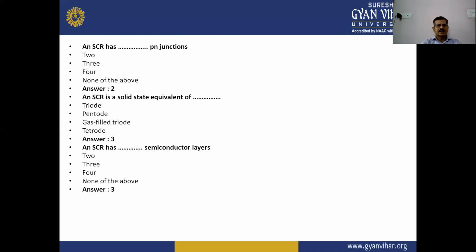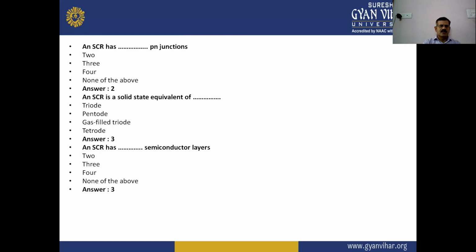Question first: an SCR, silicon controlled rectifier, has PN junctions. How many PN junctions are present in the silicon controlled rectifier? Option A is 2 junctions, option second 3 junctions, option third 4 junctions, and option fourth none of the above.